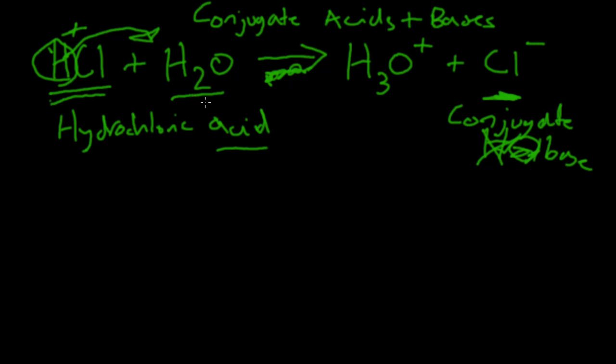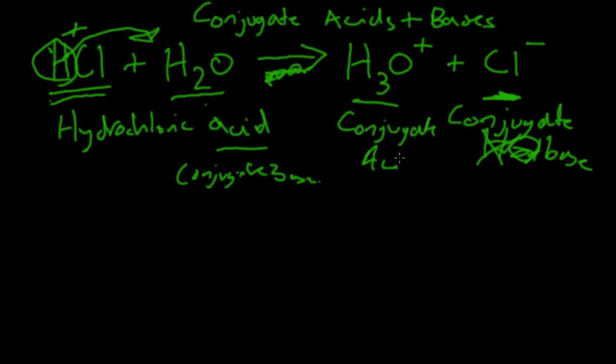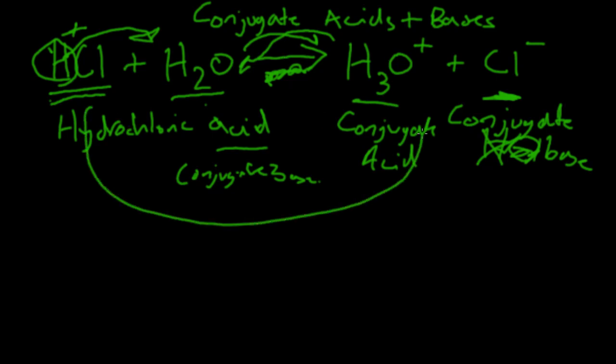In that sense, the H2O is the conjugate base of the H3O+ molecule, which is the conjugate acid of the water molecule. So this one and this one are together as conjugate acid and base, and this one and this one are together as a conjugate acid and base.